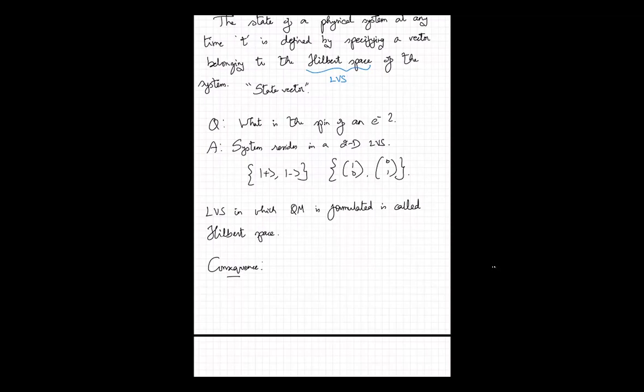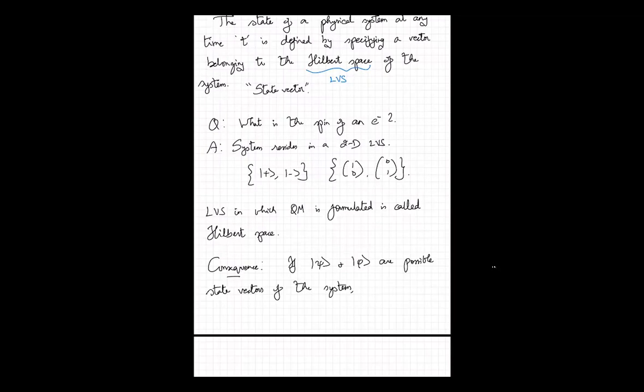What is the first rule? The first rule says that if psi and phi are possible state vectors of the system, what does the rule of a linear vector space say?